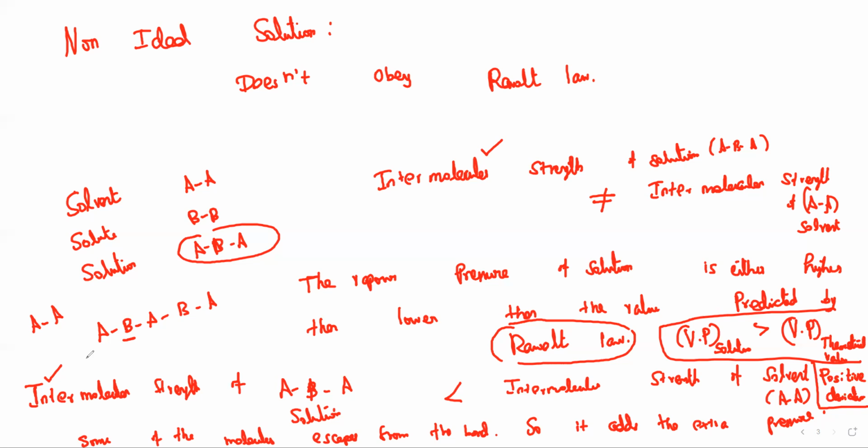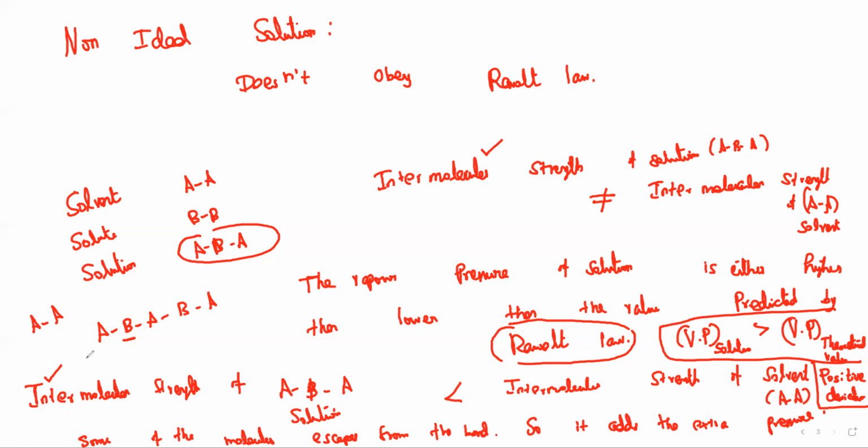If the intermolecular strength of the ABA solution is greater than that of the solvent, then more molecules will try to attach to the bond. They won't escape, so it automatically reduces the pressure. Pressure is because of the gas residing at the top surface of the solution.